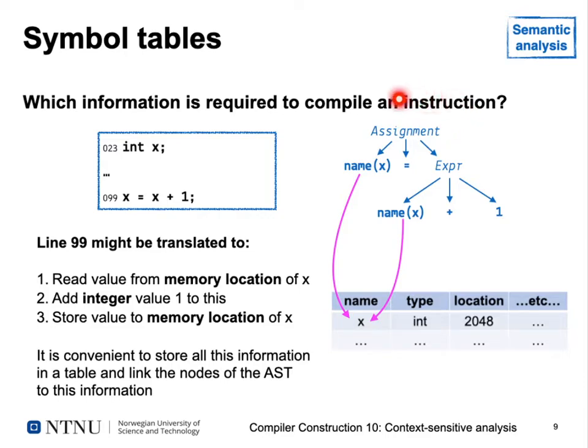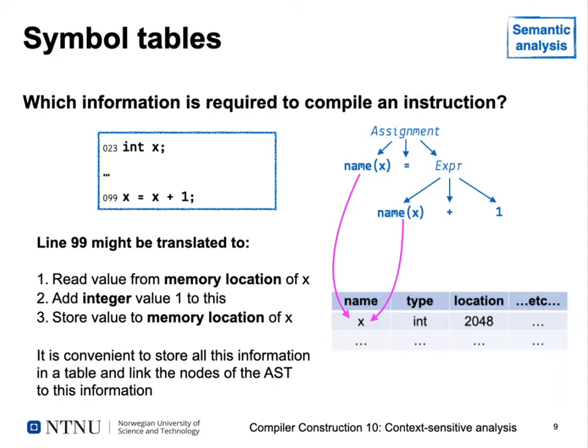So we have this abstract syntax tree here again, our excerpt for our expression in line 99, and whenever our parser encounters something like an integer declaration, it should add an entry to our symbol table that we have a name x and it's of type int, and maybe if it's a global variable, we can also store its location here, like here it's an absolute location.